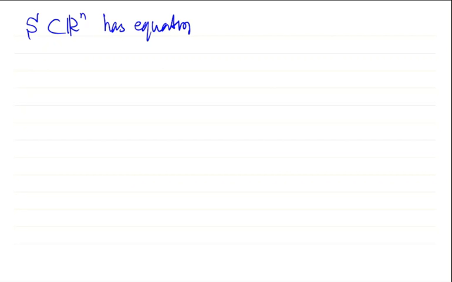In the last lecture, we studied the normal vectors of a surface in Euclidean space. Suppose a surface S in R^n has the equation F(x) = 0.